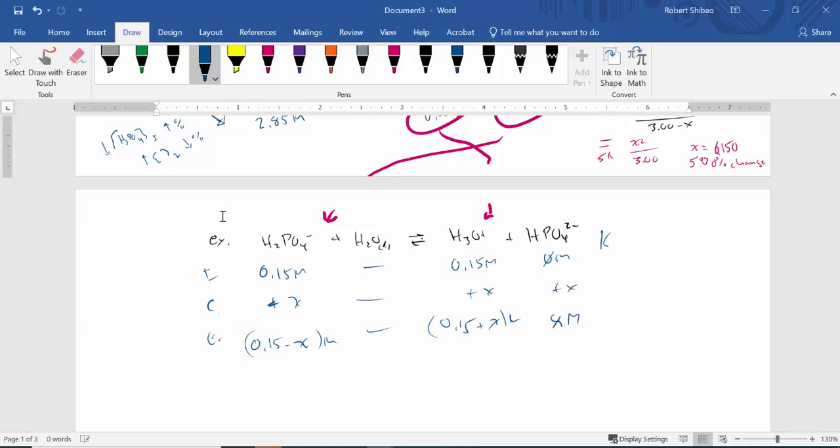And so this is called Ka dihydrogen phosphate. Ka dihydrogen phosphate is equal to Ka2, step 2 of the phosphoric acid hydrolysis. So they're the same thing.